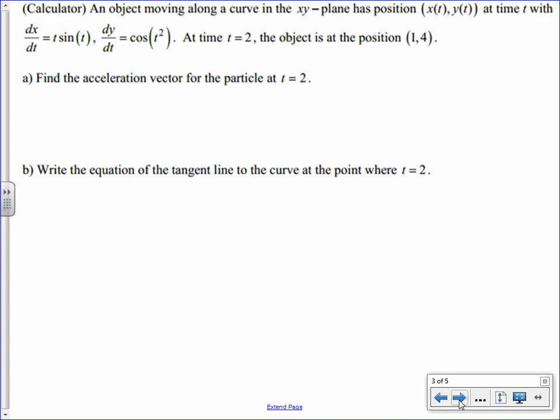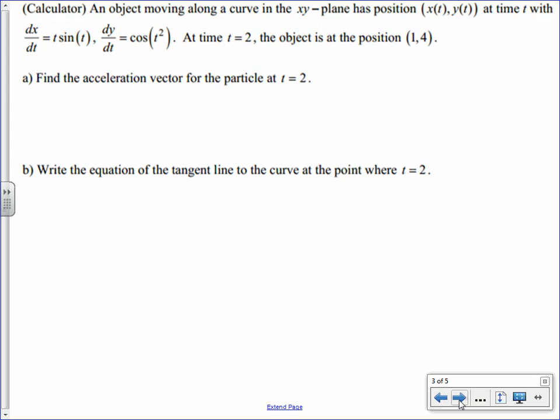Okay. An object moving along a curve in the xy plane at time t. Now I'm giving you dx/dt and dy/dt. At time 2, the position is (1, 4). And acceleration.